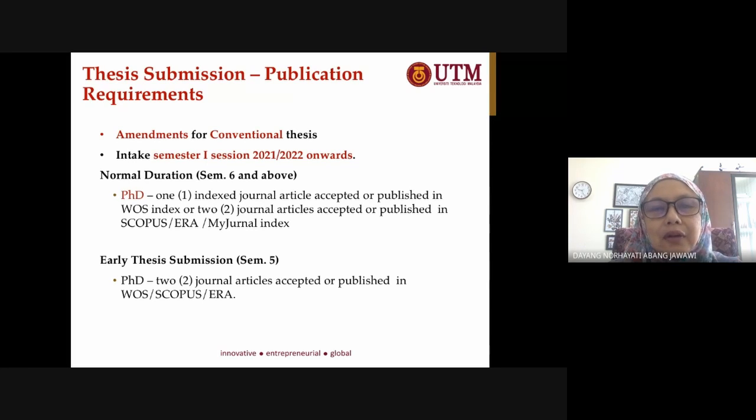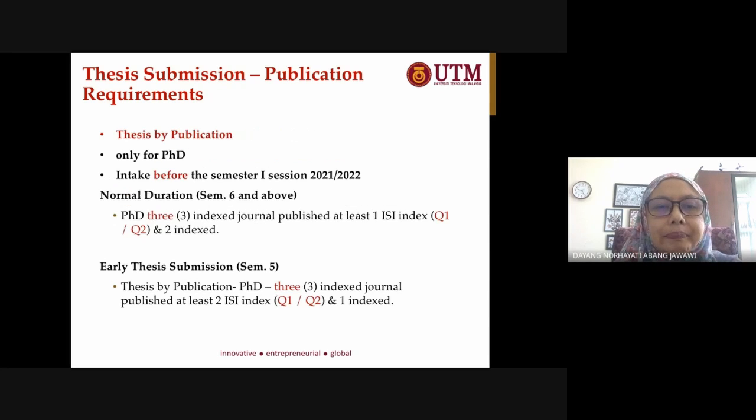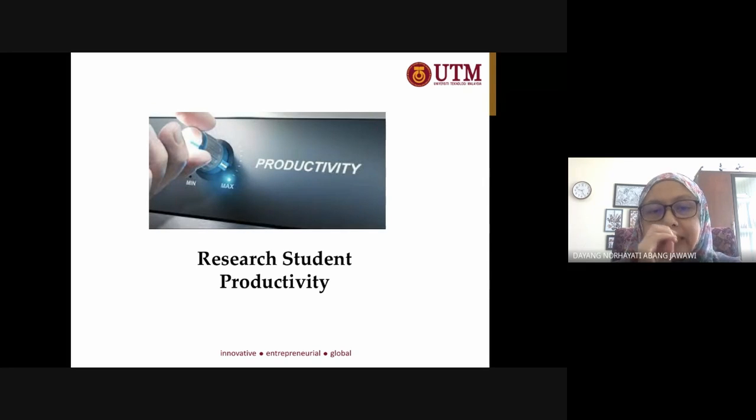The type of journal they need to publish in is a bit different from their senior students. And thesis by publication also has its own publication requirements. I'm not going to detail it.